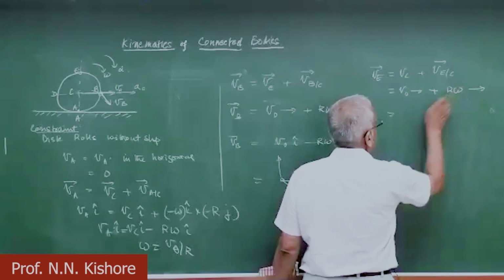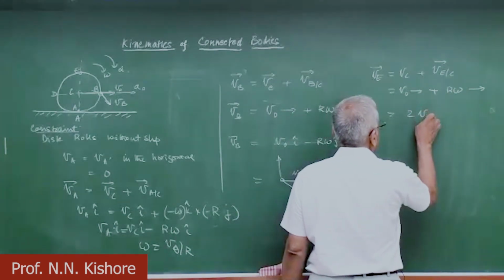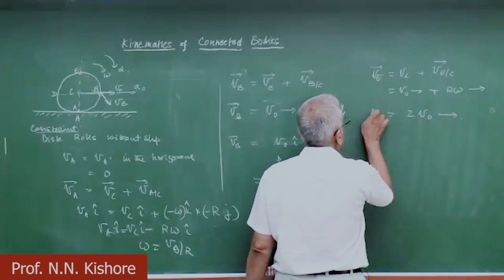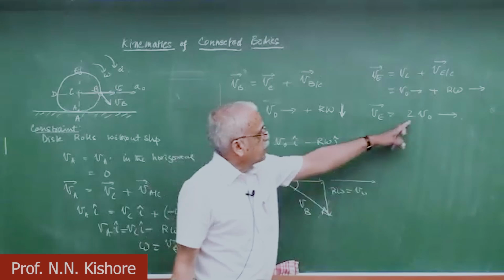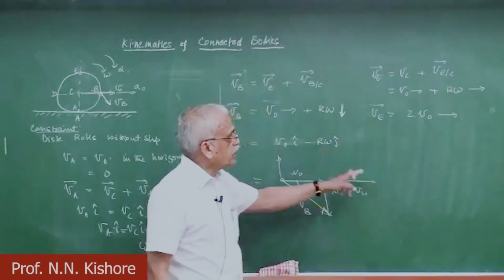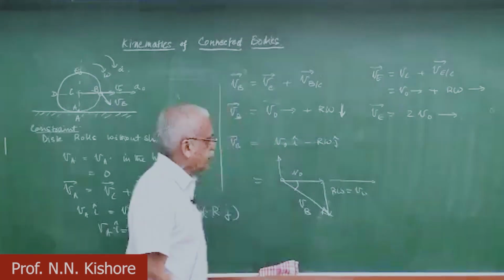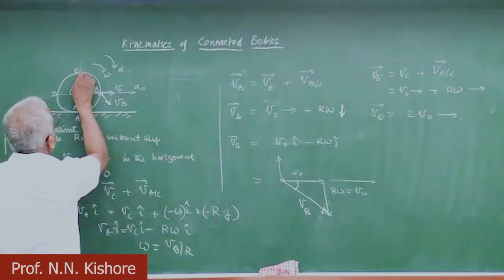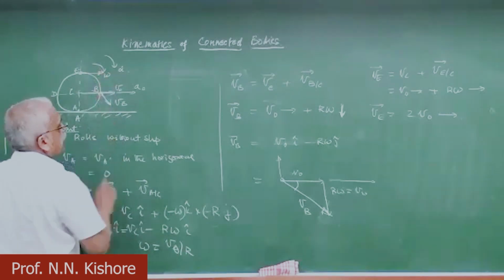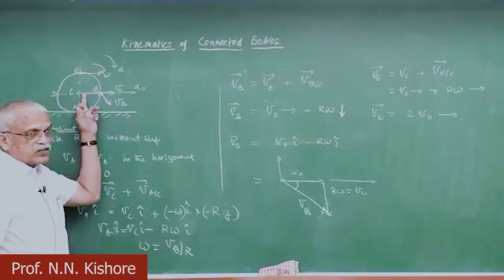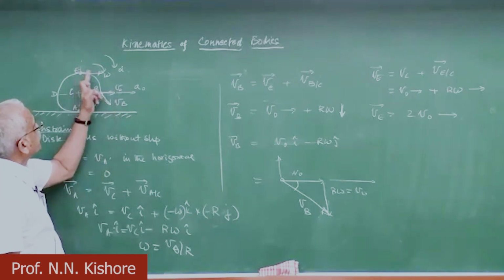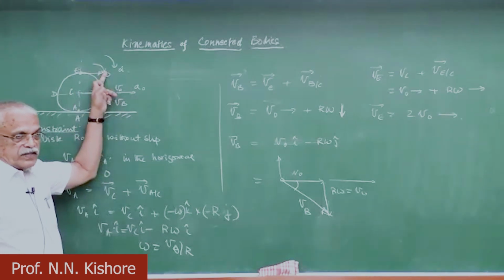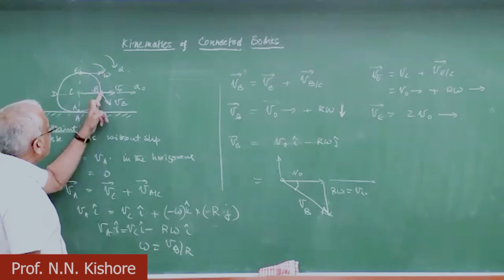So this is again V naught, so it's nothing but 2V naught. So it is having a magnitude of 2V naught and it is in the horizontal direction. So that means that the top point here will be moving at twice the speed of the center of the disk.